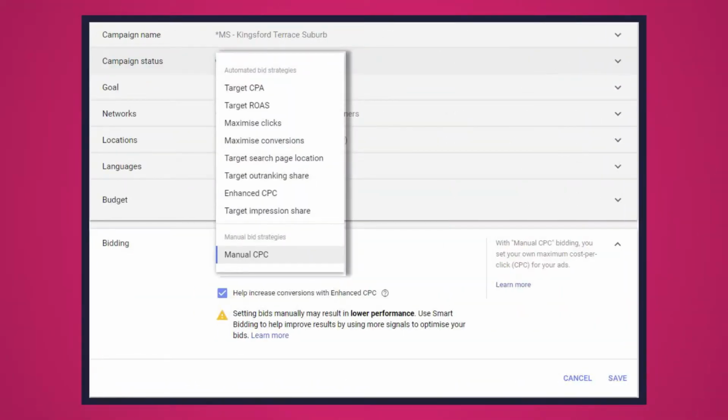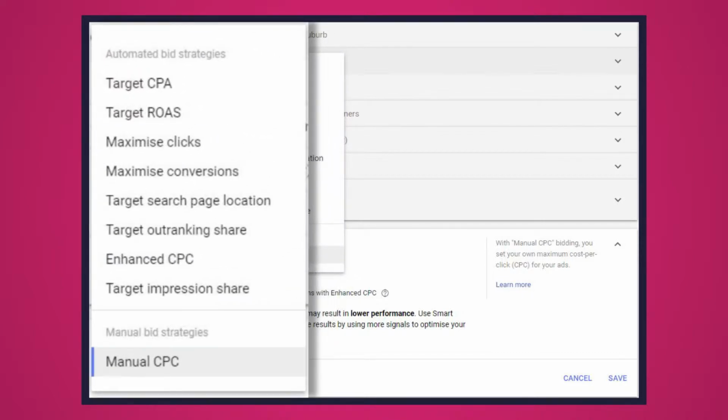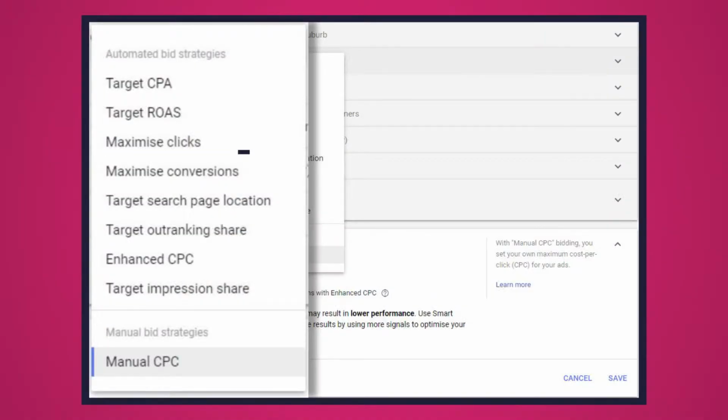There are many different types of automated bidding. Some focus on clicks, some focus on conversions, and some focus on return on ad spend. If you are simply looking to get as many people viewing your website as possible, then maybe the maximize clicks is your best option. If you are looking to get more leads out of your account, then maybe the maximize conversions is your best option.